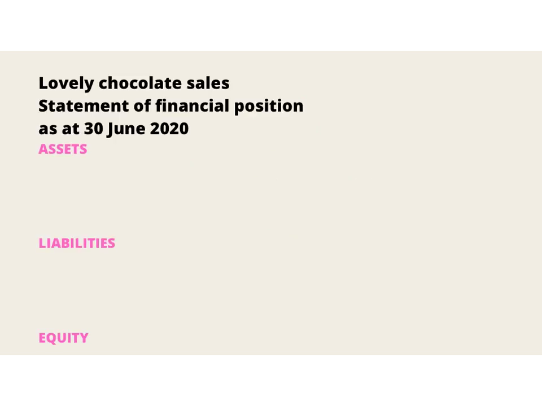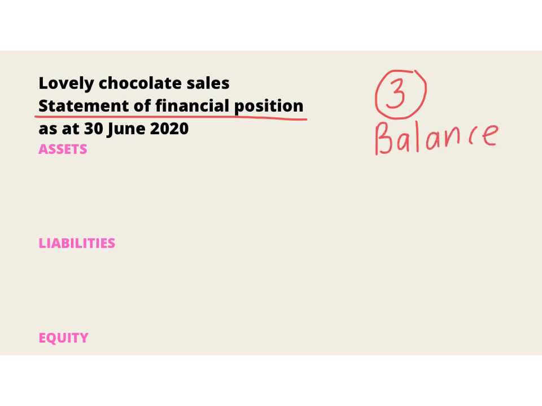Once that's completed, you can then do your third calculation, which is your statement of financial position. The statement of financial position is also called the balance sheet. The balance sheet has three elements: the assets, the liabilities, and the equity.